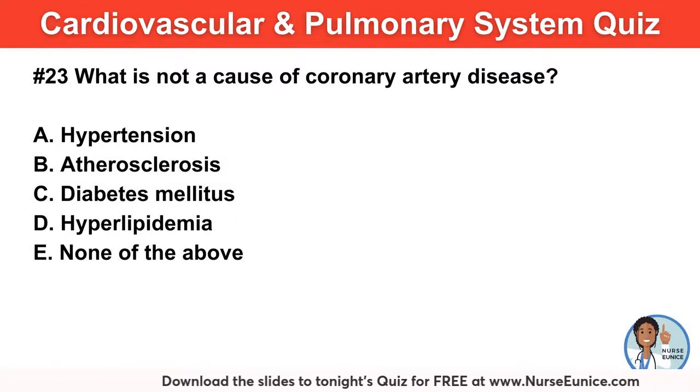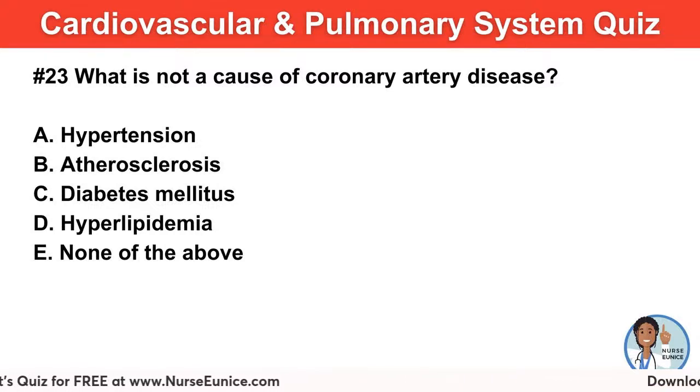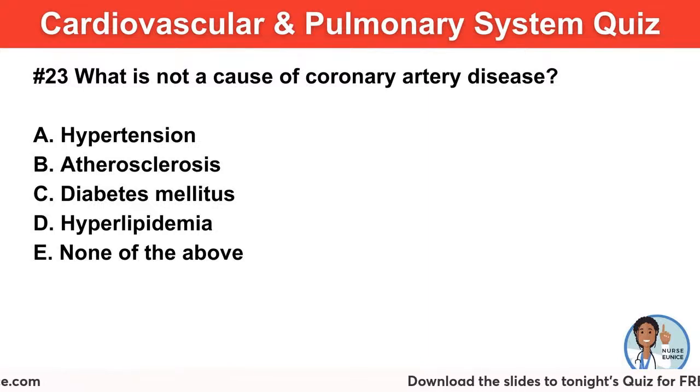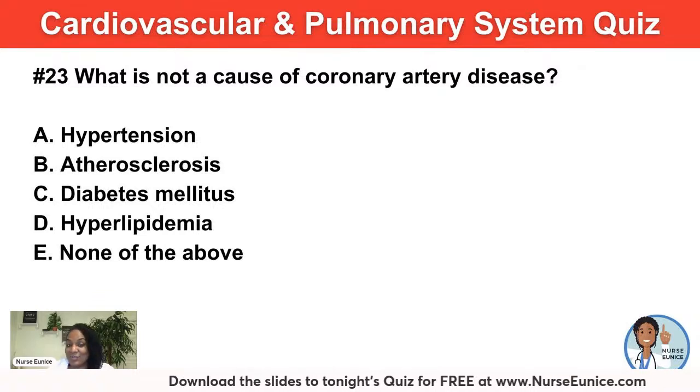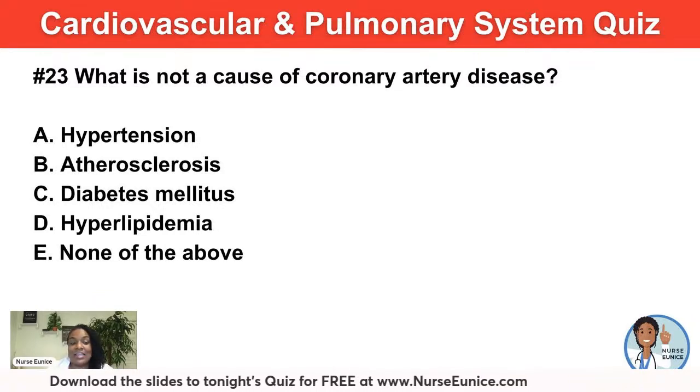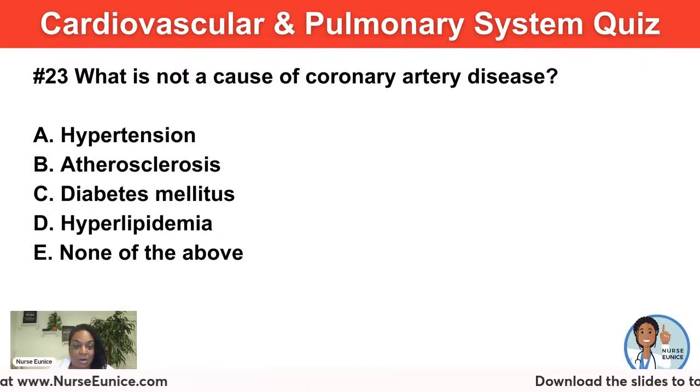So let's go back. We knew that hypertension damaged the arteries. We knew that atherosclerosis was the narrowing of the artery due to plaque buildup. But another term for the plaque buildup or high cholesterol levels is actually D, hyperlipidemia. And then diabetes, those high blood sugar levels also damage the arteries.